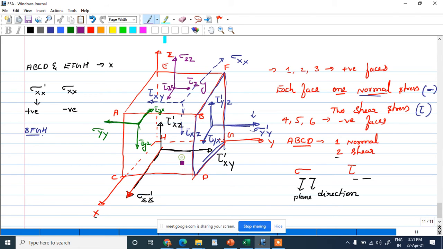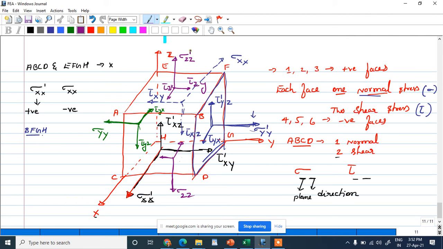Similarly, you can notate the bottom also. One is moving in the downward direction, exactly opposite, okay, and represent in dotted line, and one is moving in this direction, and here the opposite direction. So this one will be sigma zz.